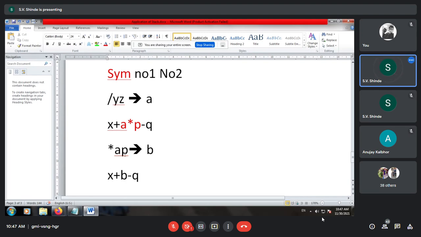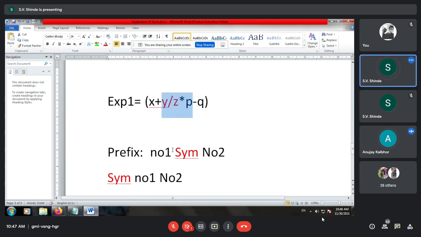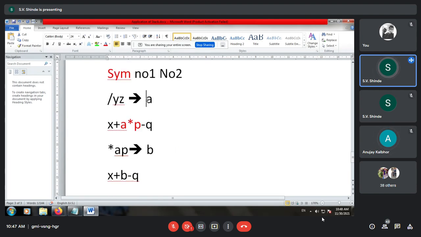Okay, because the meaning of b is a into p, the meaning of a is y by z. So both these internal operations are executed and they are relabeled as a and b.